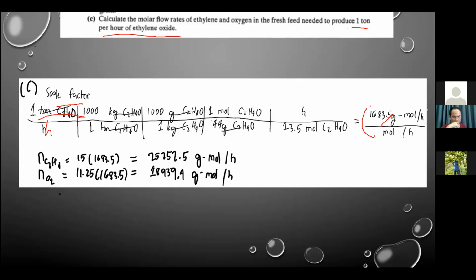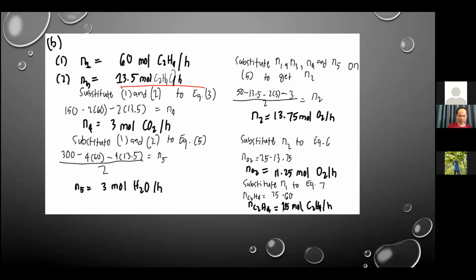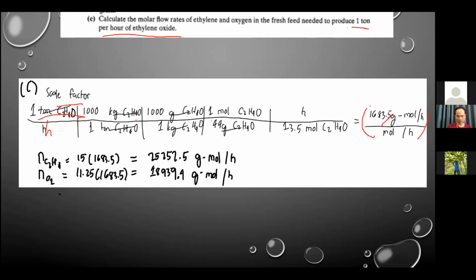So after we get this scale factor, I'm going to multiply it with the moles of ethylene in the input. We have 15 here, and then the moles of O2, which is 11.25.